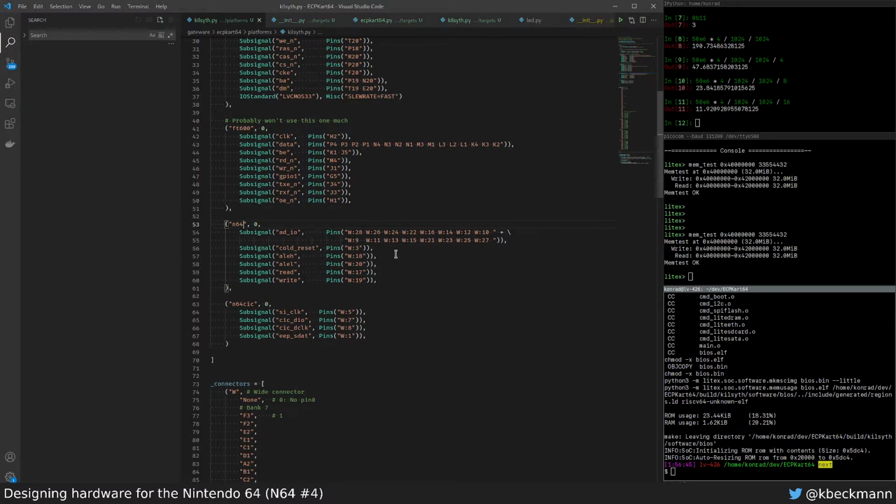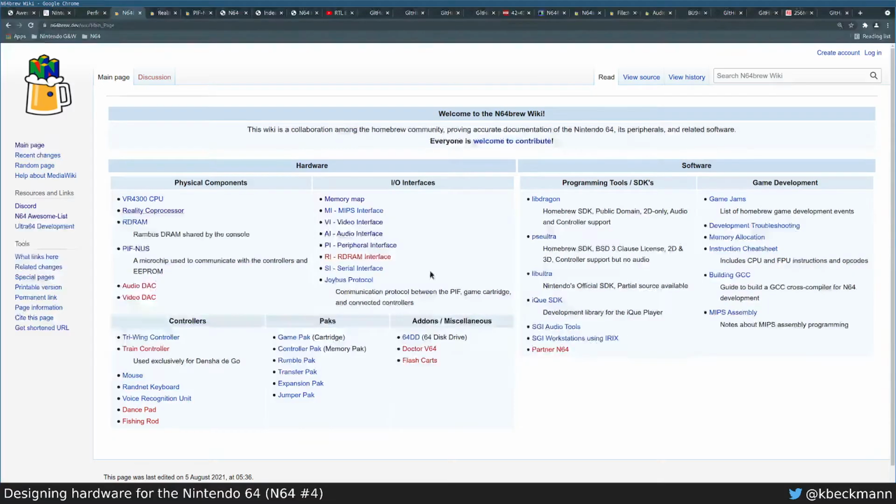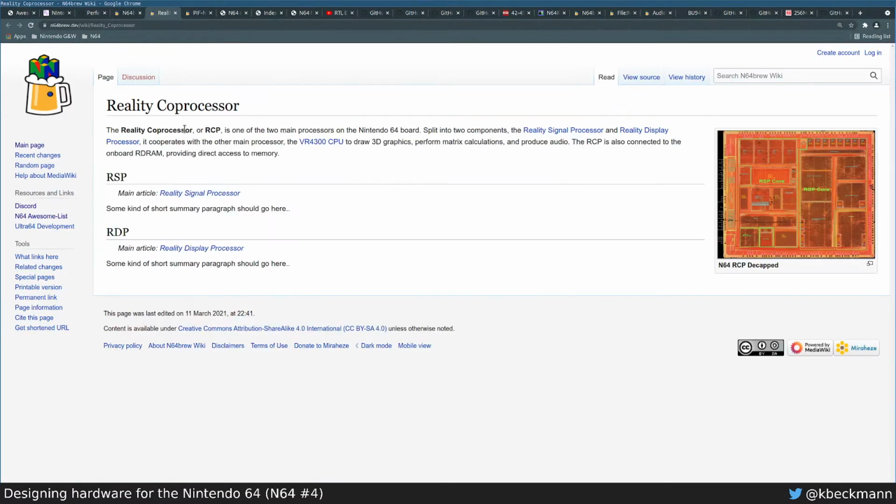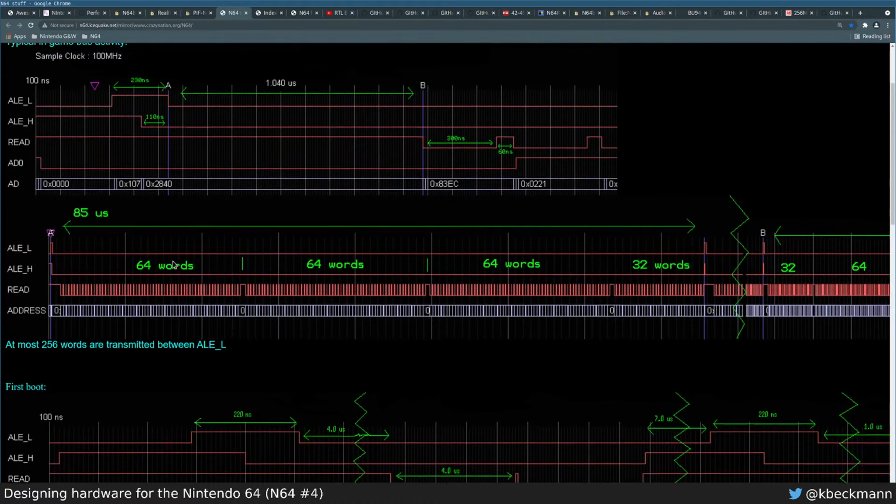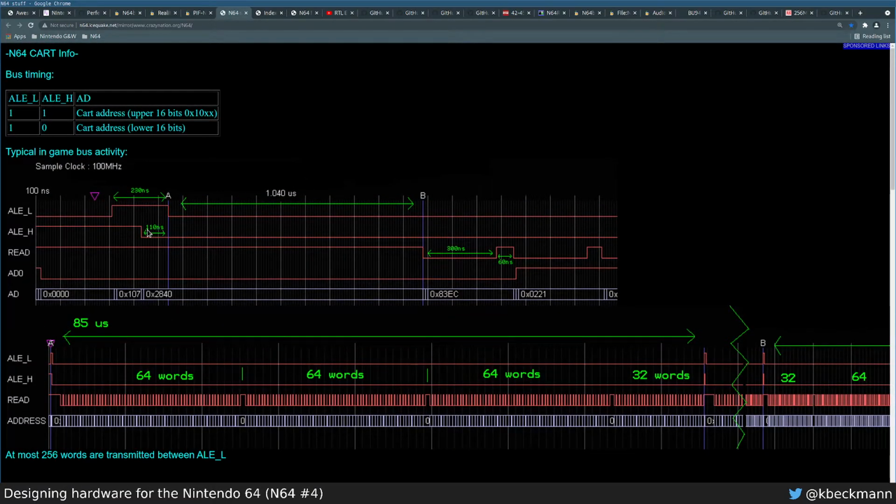So yeah, just to give a recap of these signals, here is the address and data I/O pins, and we have the cold reset. Maybe this one should be in the top. These two signals define if it's the high or low part of the address that is being sent. So this is a capture of the bus during an access.